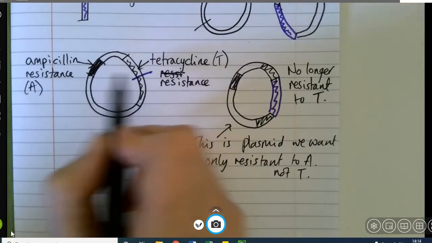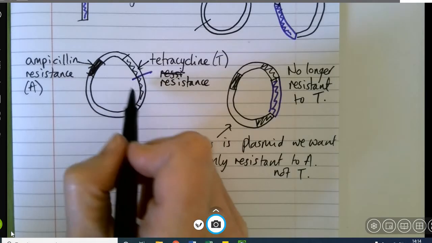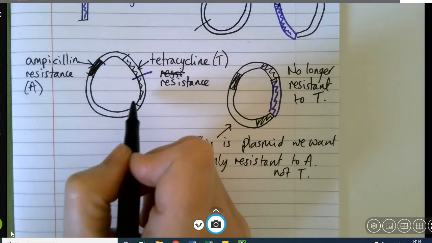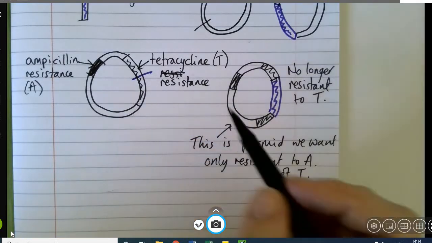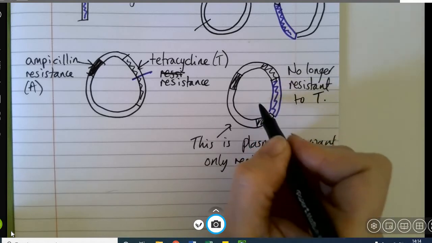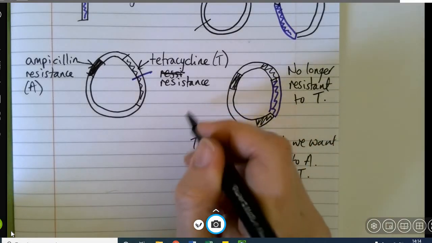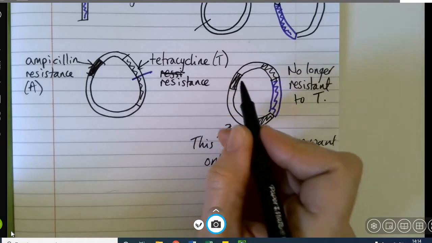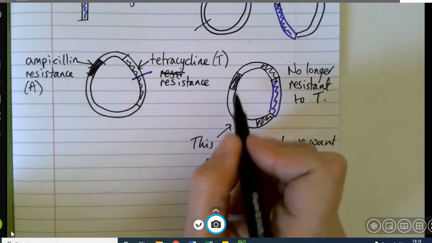It will still contain a version of this tetracycline gene that is unaltered, and it will still contain this. So, and we'll also get some plasmids formed just by the insulin gene sticking to itself. So you get a little loop of 2 insulin genes, or maybe 3 or 4. That obviously won't have any resistance to any antibiotic that we're using.